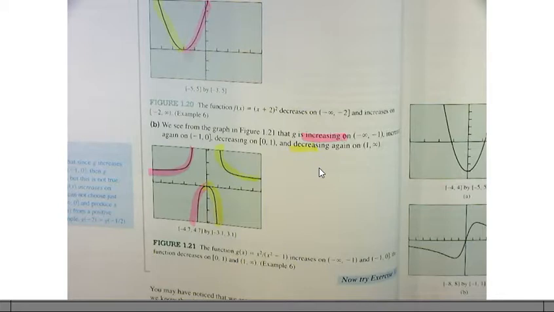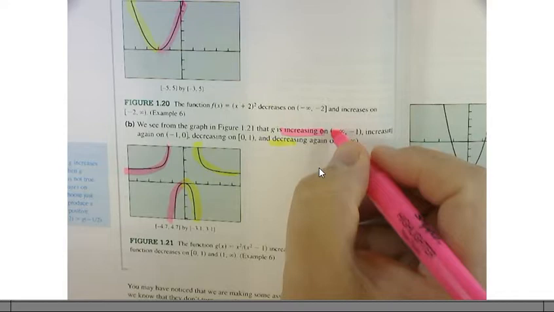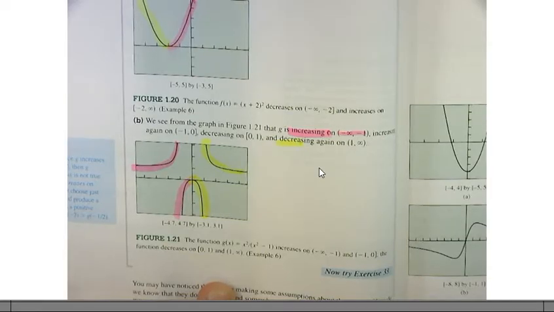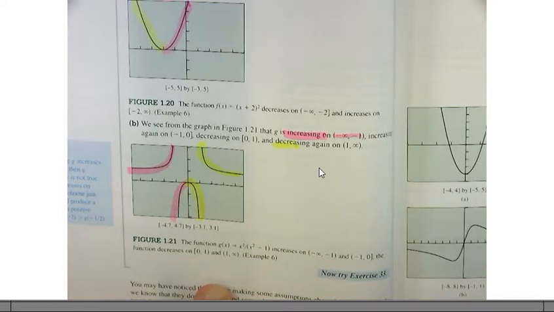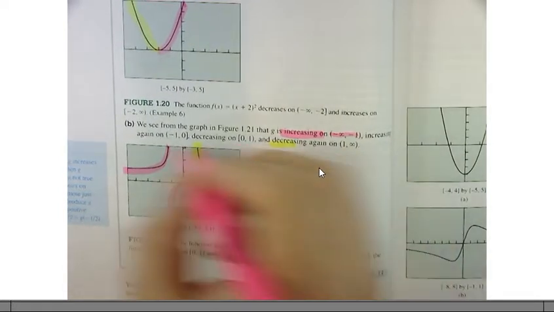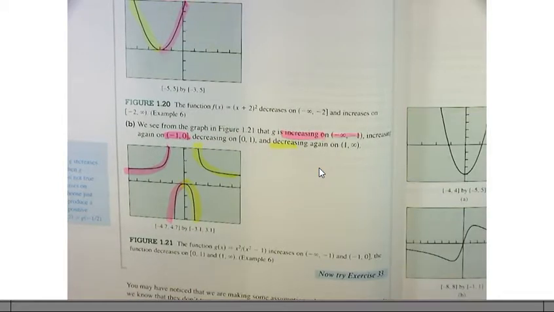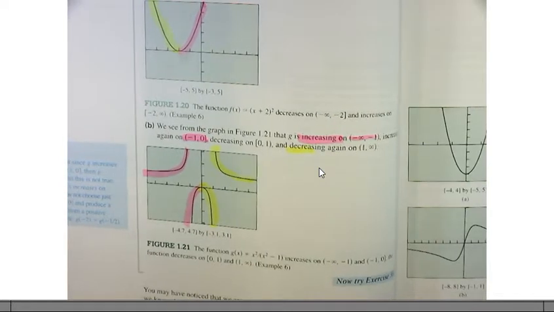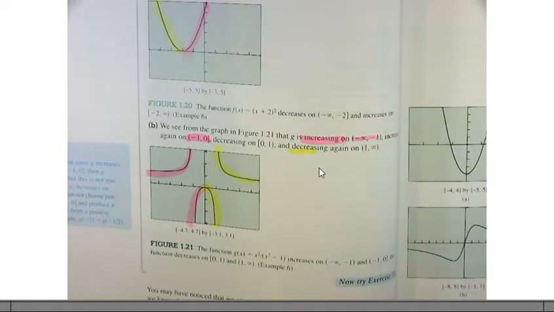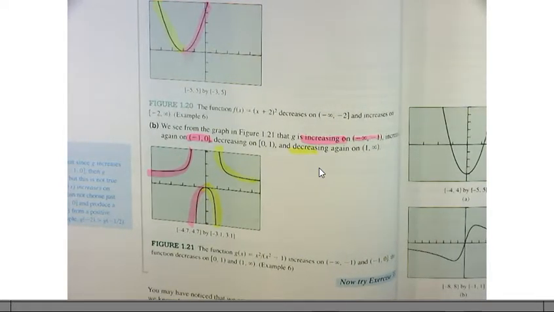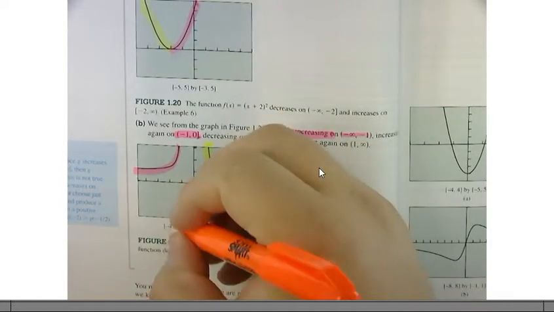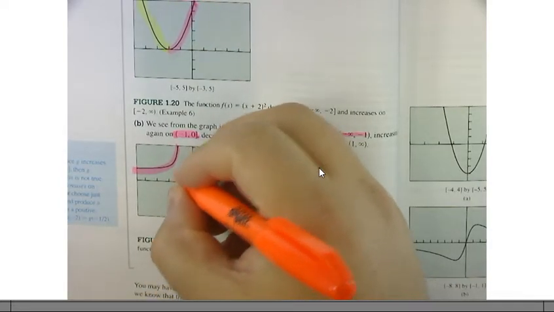It's increasing from negative infinity to negative 1, and then it's also increasing from negative 1 to 0, right? Why didn't we just say negative infinity to 0? Why didn't we say that? Because the function has a vertical asymptote at x equals 1.